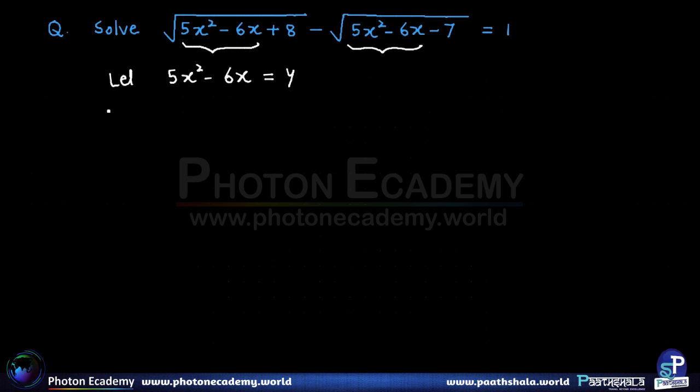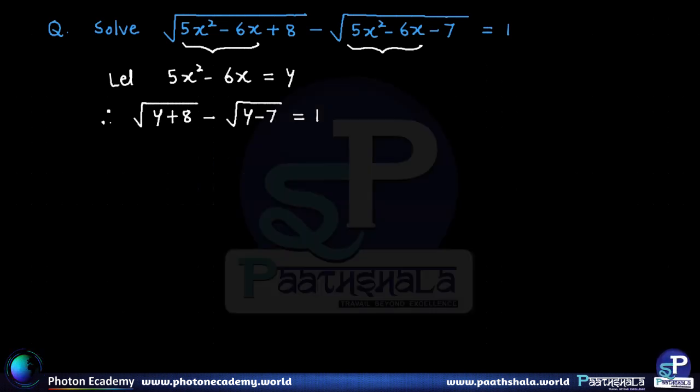So our given equation reduces to root of y plus 8 minus root of y minus 7 equal to 1. Now as there are square roots on the left hand side, we must square both sides so that we can get rid of the square roots one by one.